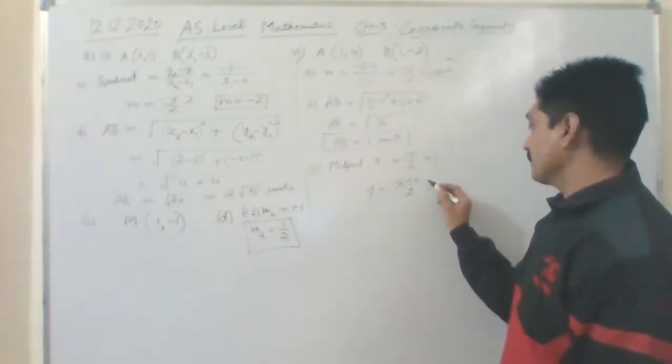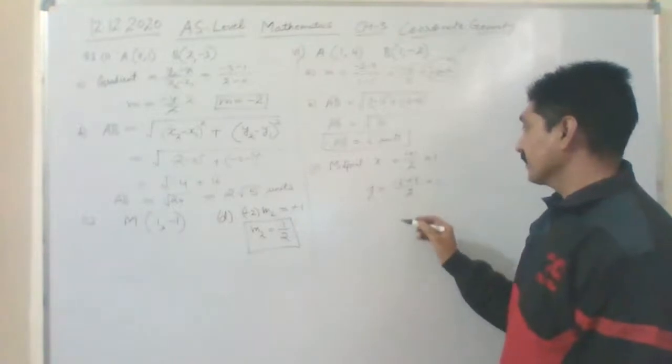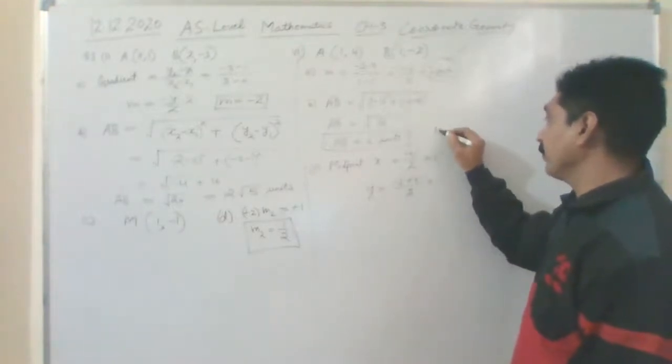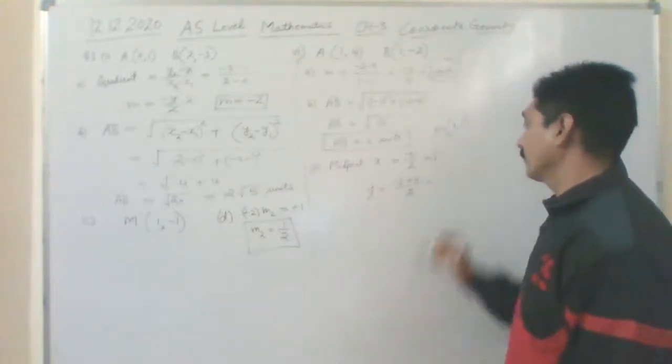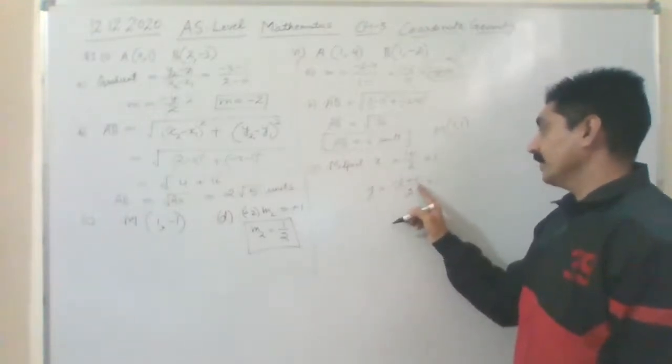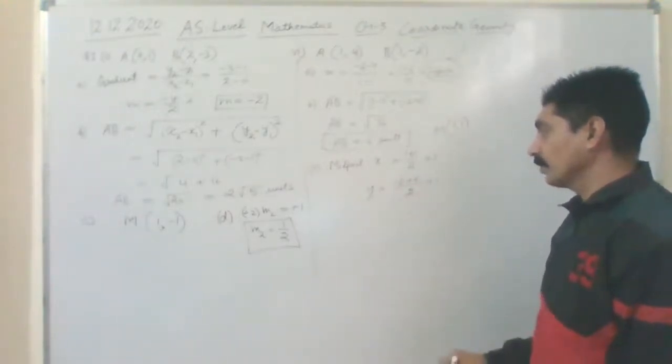So here that is also 1, right? So what are the coordinates of the midpoint? The midpoint coordinates are (1, 1). Here 2 upon 2 is 1 only.